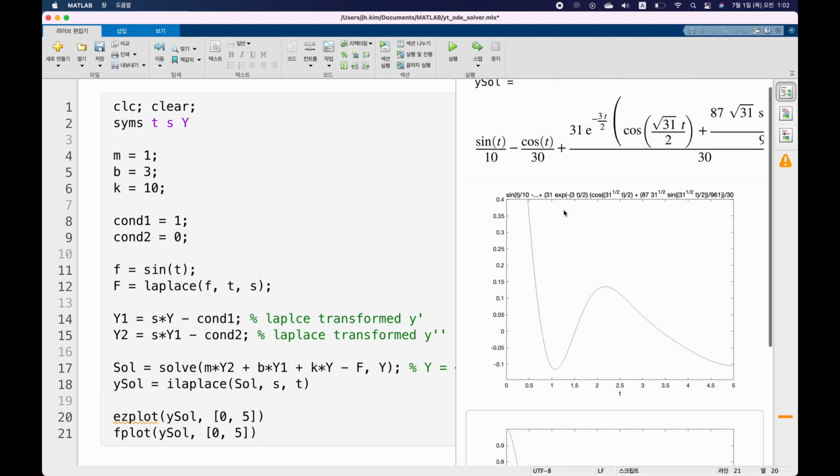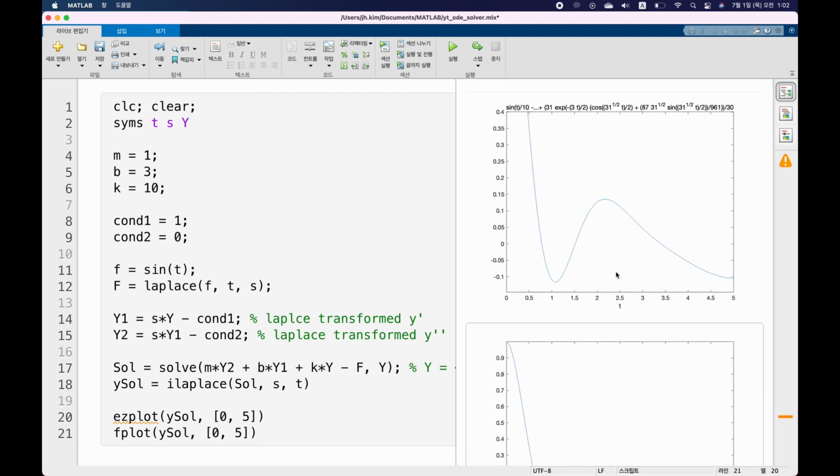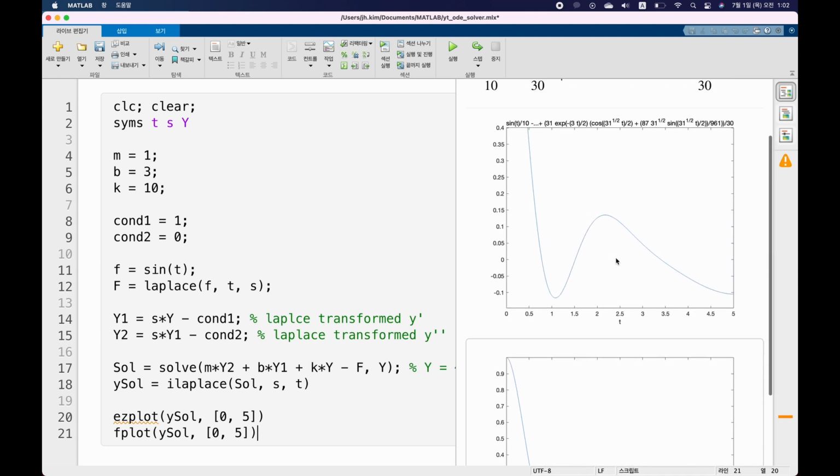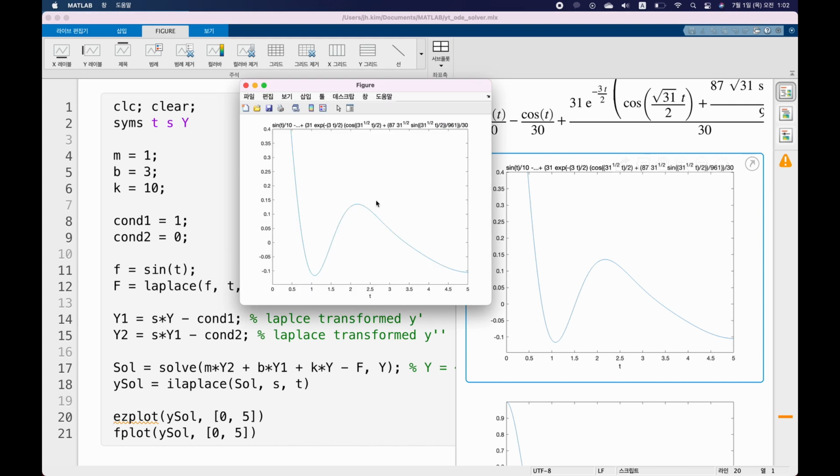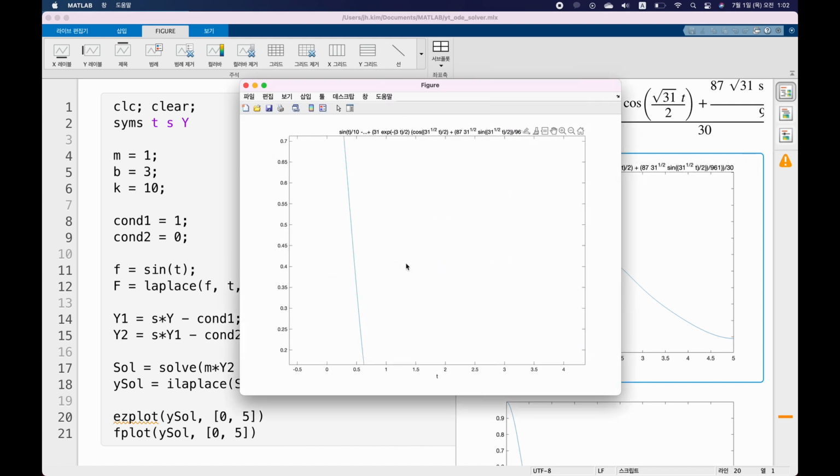You can see the result like this, right? This is the same result as this.